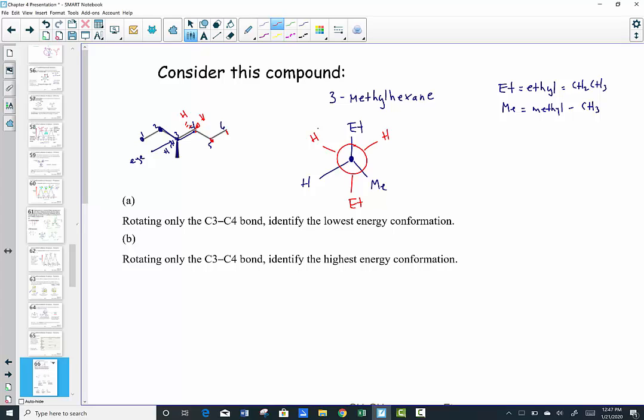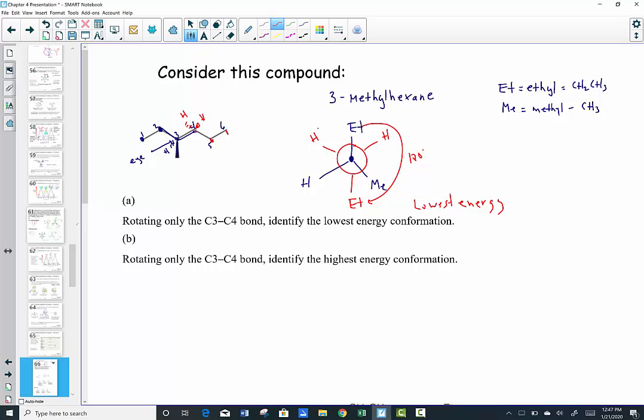Now, the way I drew it instinctively from the bond line, which is also the most stable conformation, notice that we have 180 degrees between the ethyl groups. That would be the lowest energy conformation. Right? The largest branches, those 2 carbon chains, are given the biggest space by not being near each other.